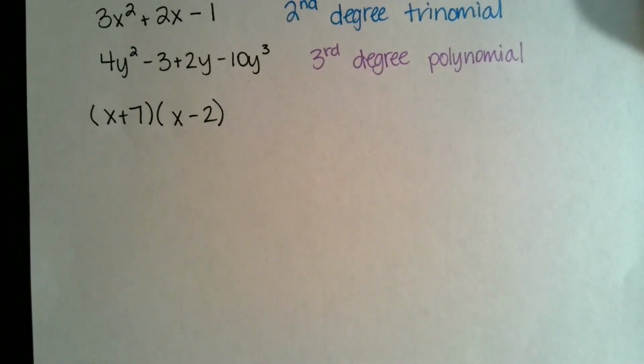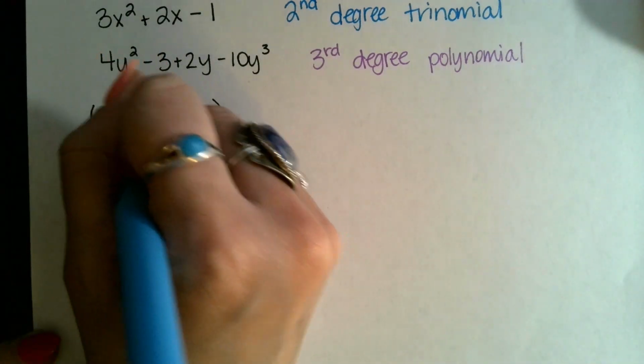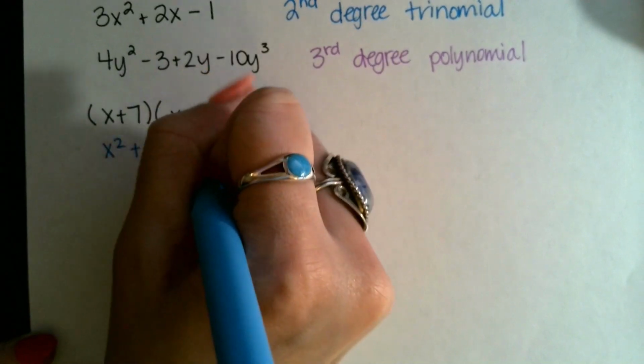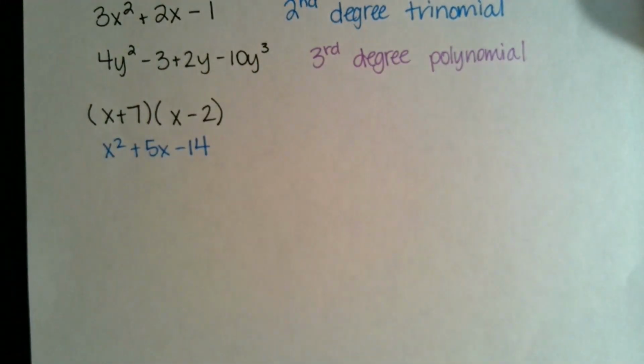What does FOIL stand for? First, outside, inside, last. Oh, I don't know how to spell foil. That's okay. Do you know how to do one of the methods? Did you get x squared plus 5x minus 14? Great, then I don't care how you do it.